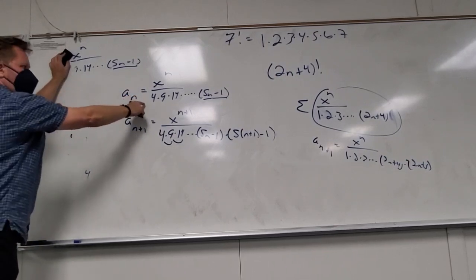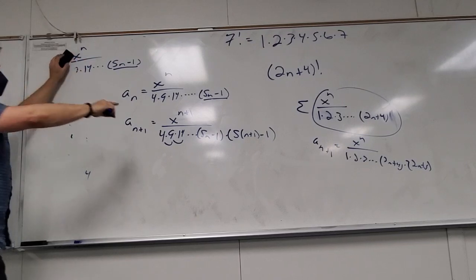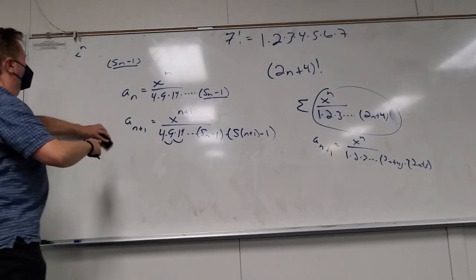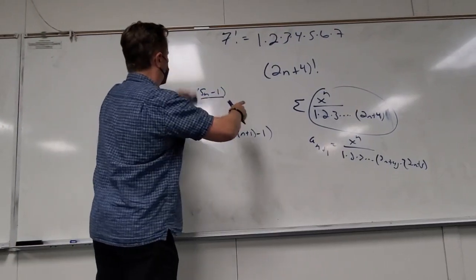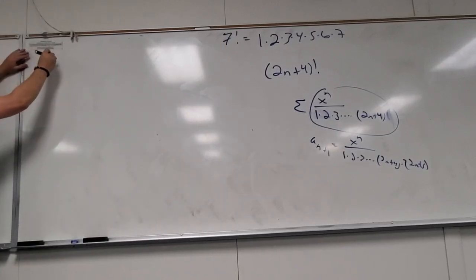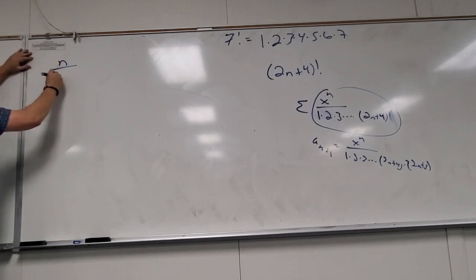If you have this written down, you just do the limit, the ratio test now, right? And a lot of stuff is going to cancel. It's going to be really, really cool. So watch this. Let me take this over here. So real quick, let me just create something more straightforward. n over 2n plus 4 factorial.